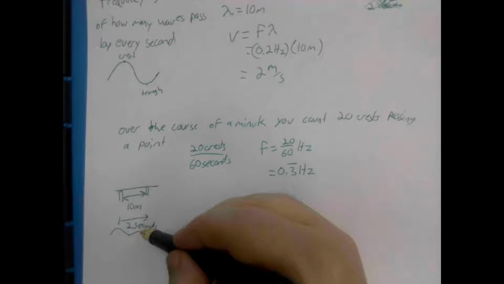Dividing by a fraction is the same thing as multiplying by the reciprocal, 3/1 hertz. And we get a wavelength of 15 meters. That makes sense?